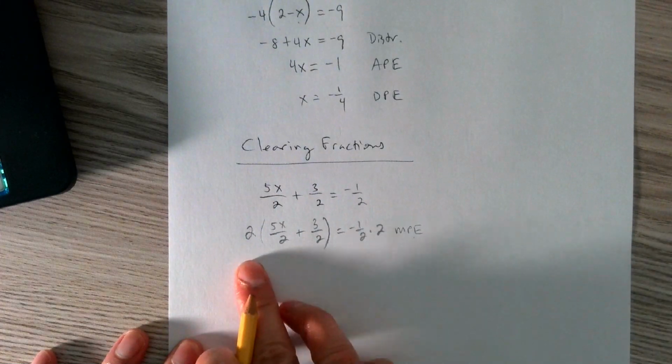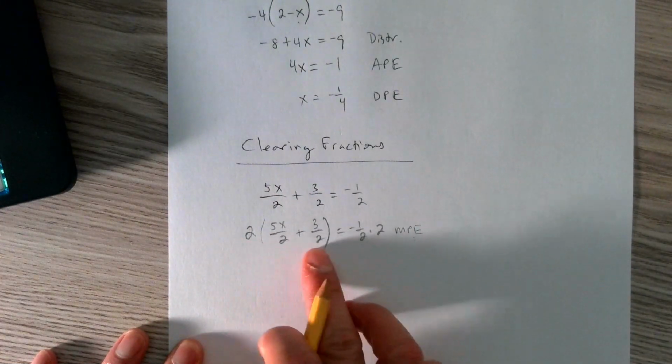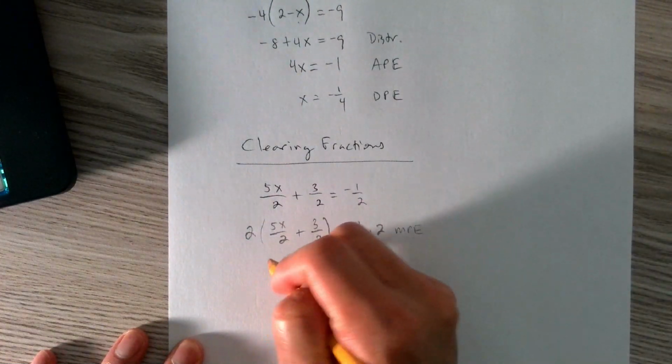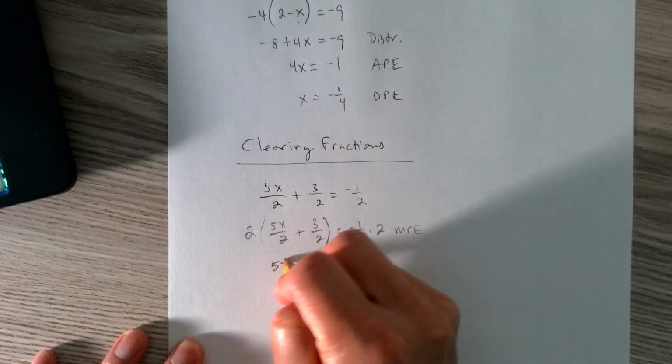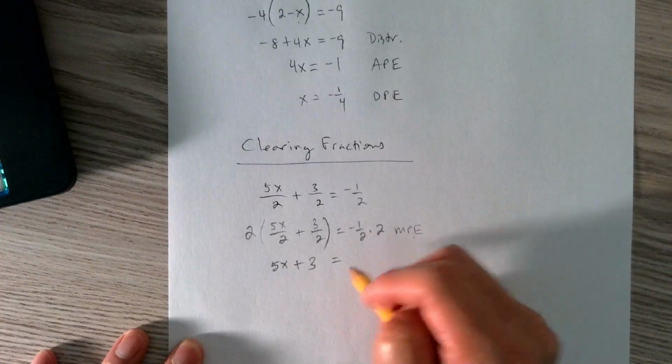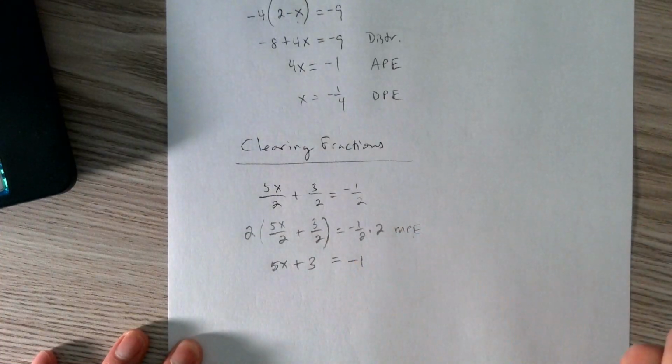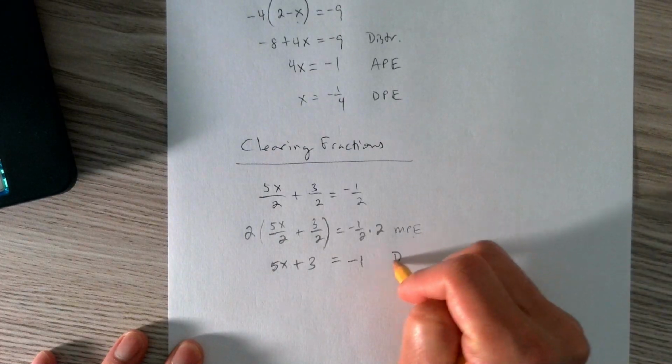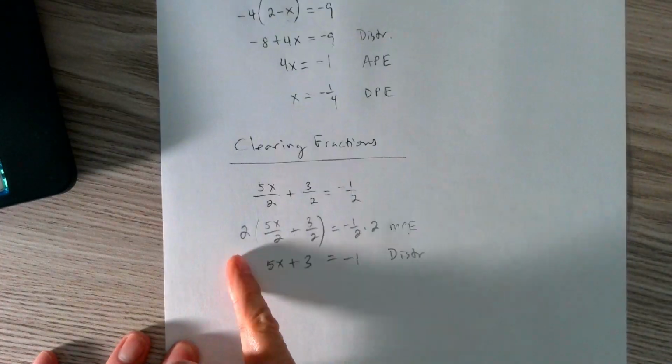And now I'm going to distribute that 2 here. And then do a simple computation here. So that was actually distributive property, because I was distributing that 2.